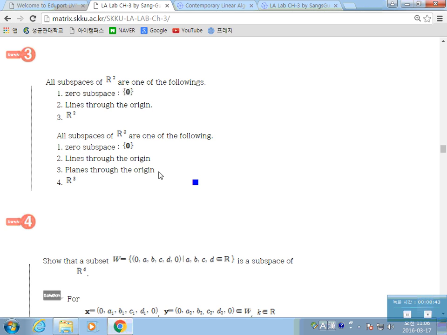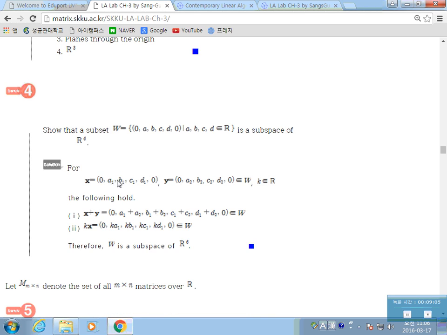And any plane passing through the origin also satisfies the two conditions. So actually, these are the classification of subspaces for R2 and R3.